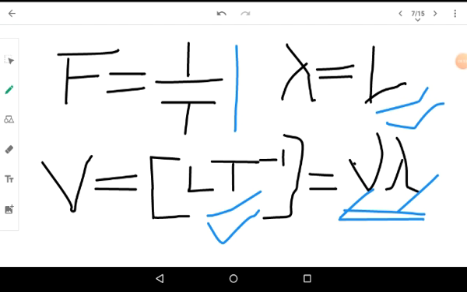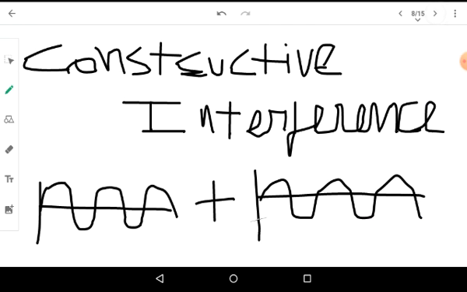So far what we have learned is all that you might have learned in your lower standard, like frequency, amplitude, lambda and wavelength. But now we are going to talk about something serious: constructive interference.